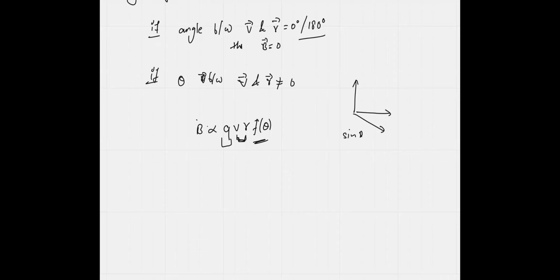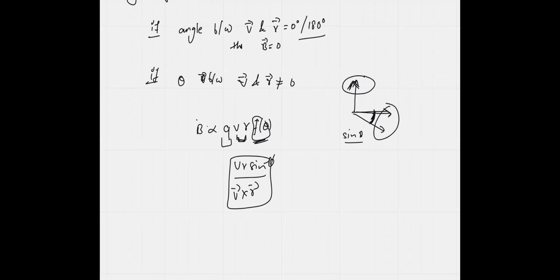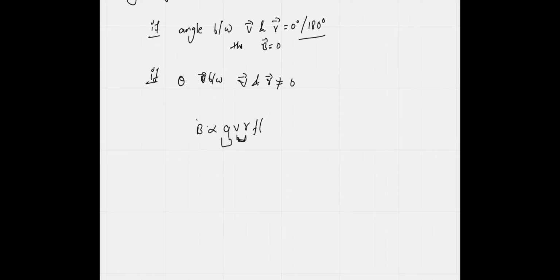If I call this sine theta, VR times sine theta, and I may be writing it as V cross R, because you know the cross product is always perpendicular. If something is perpendicular to both parameters, then this parameter must be the result of their cross product. Understand my point? Yes, sir. Yeah. So you can say this B is the result of theta. So this B equals Q V R sine theta.